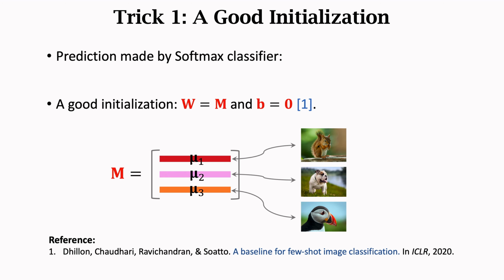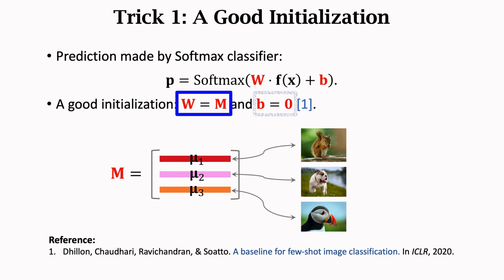A softmax classifier is parameterized by matrix W and vector B. Previously, we fixed W to M and B to all zeros. This kind of setting works well in practice, so we can use this setting as the initialization. This is a very reasonable initialization. In sum, the first trick for fine-tuning is using M and B as the initial parameters of the softmax classifier.